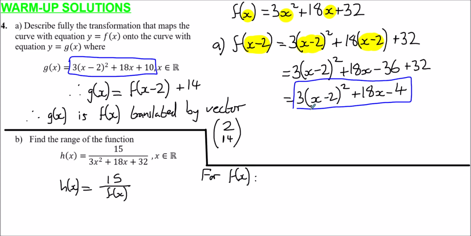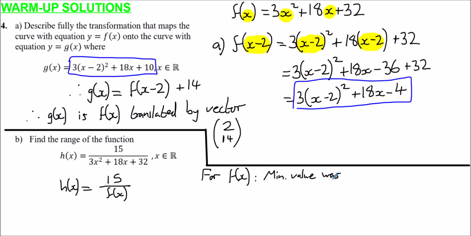Well, from part A of question 3, we completed the square for f of x and worked out what its minimum value was. So the minimum value was actually when x was negative 3.